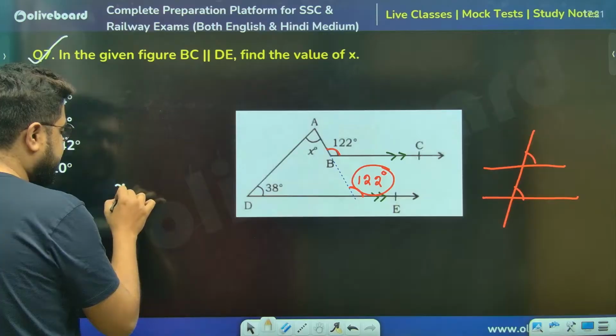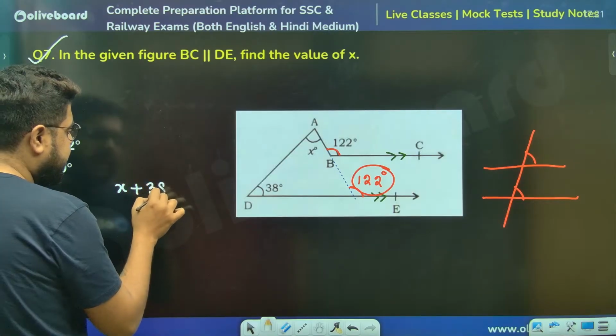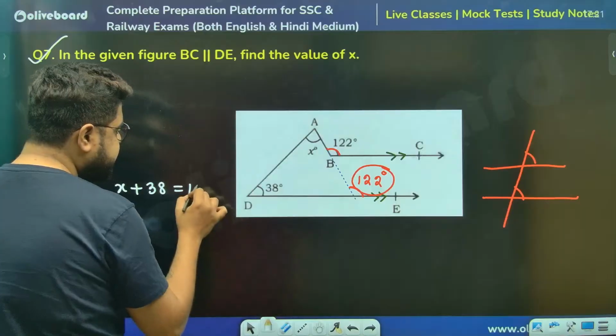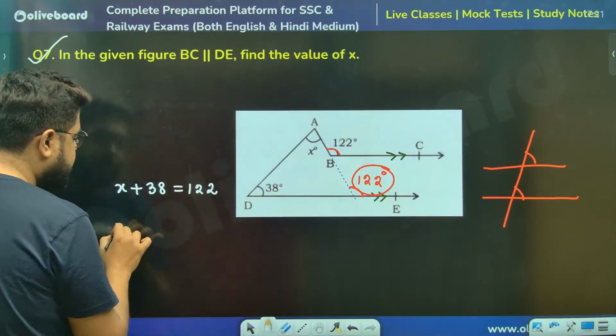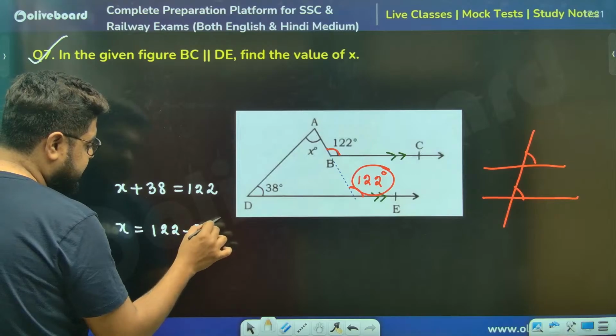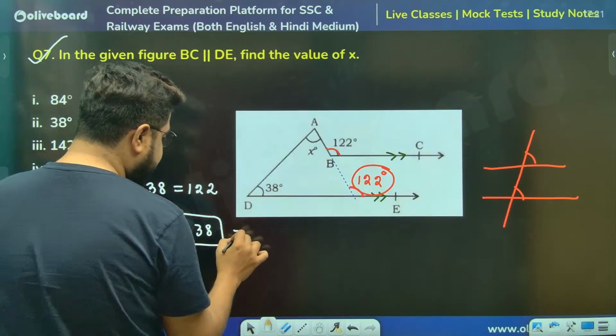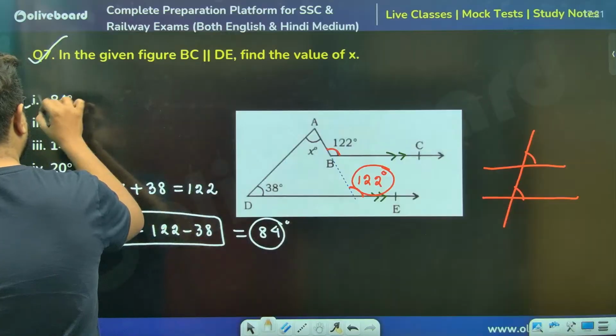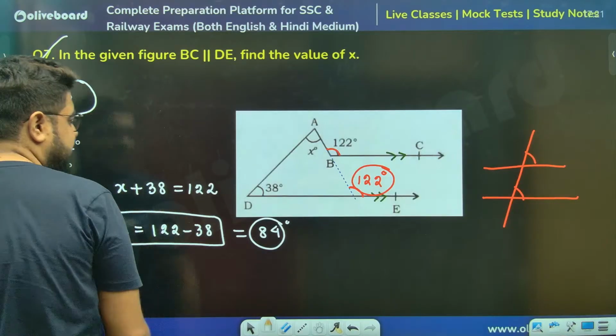So x degrees plus 38 degrees should be equal to 122 degrees. So x will be 122 minus 38, which is equal to 84 degrees. Option number one, sir. This is one way.